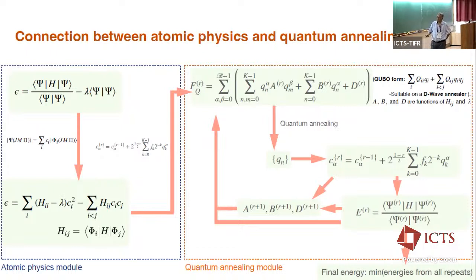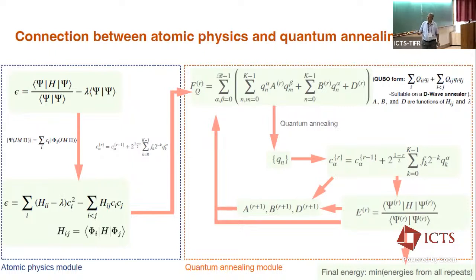Now, the idea in quantum annealing is to minimize an energy function of this kind. But how do you express this atomic physics problem in terms of qubits? Now, to do that, remember that these coefficients can vary from -1 to +1, but they can be 0 to 1 in terms of the absolute magnitude. But qubits can only take two values, 0 and 1.